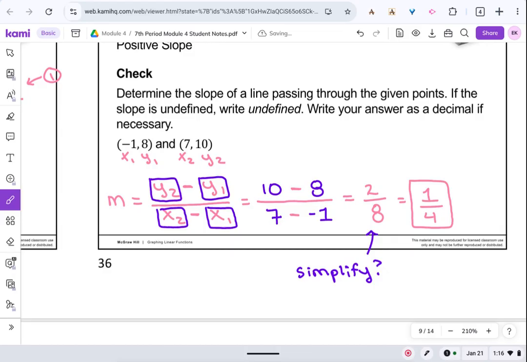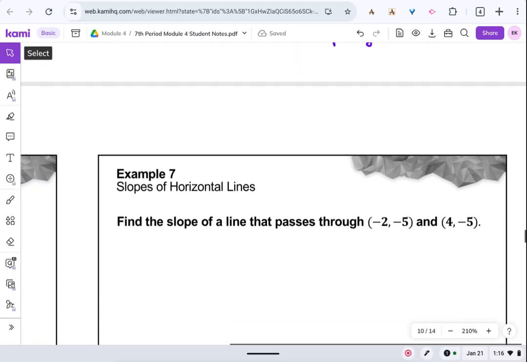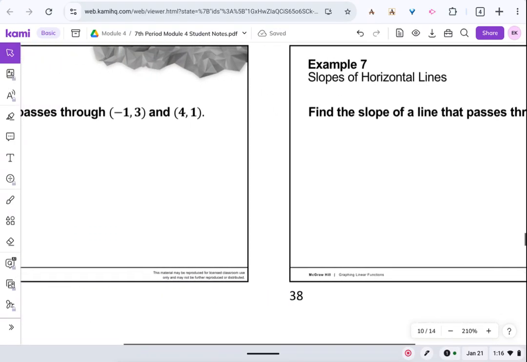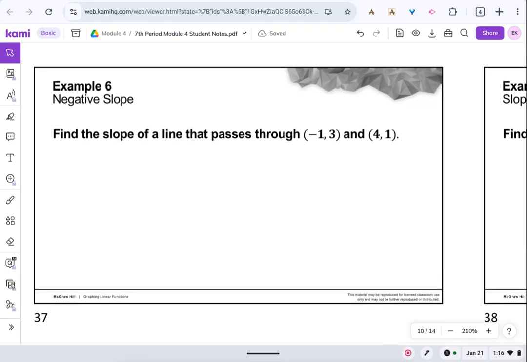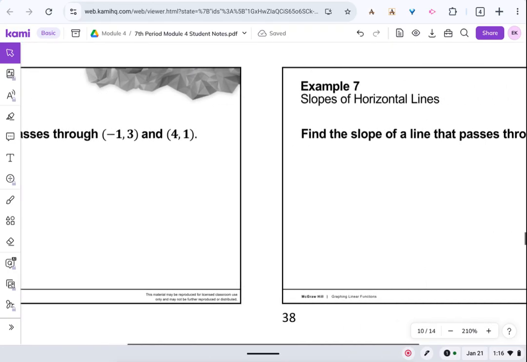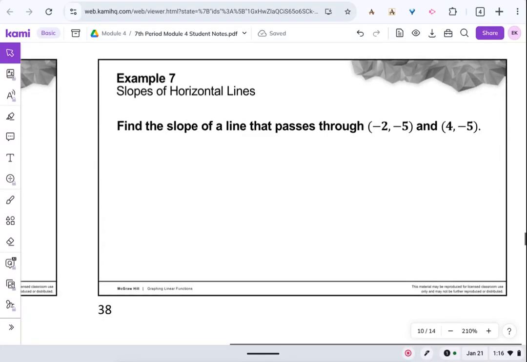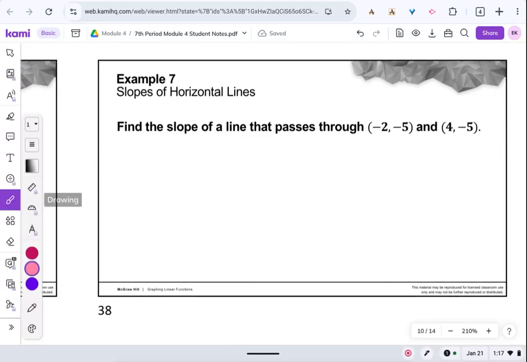All right, there are a couple more examples. I'm going to look at just two special ones. So I'm going to actually go ahead and skip slide 37. I'm going to go to slide 38 and 39, because these are going to give us special types that I want to make sure I look at. So again, go ahead and label x1, y1, x2, y2.